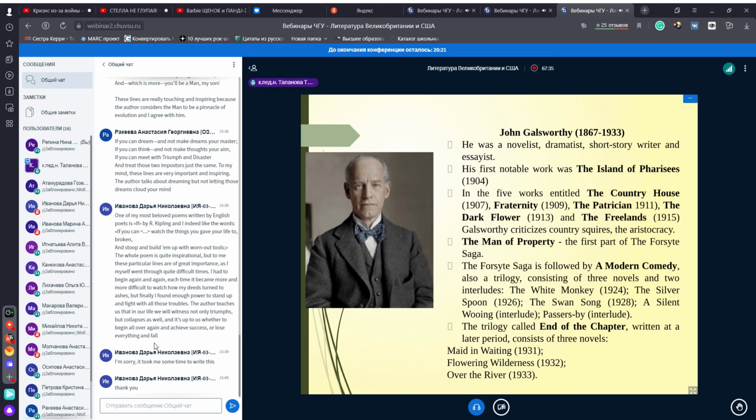It consists of 3 novels. The first is The Man of Property. The second, In Chancery.